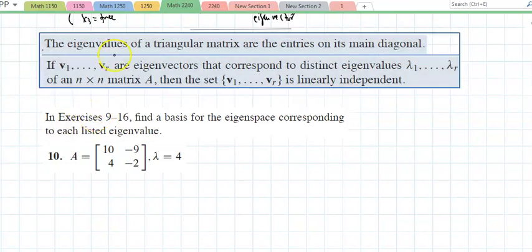It says the eigenvalues of a triangular matrix, remember triangular, are the entries on its main diagonal. If you have a triangular matrix, the eigenvalues are the entries on the diagonal.